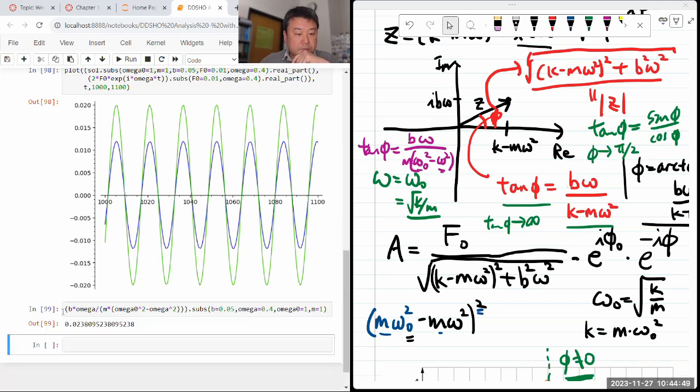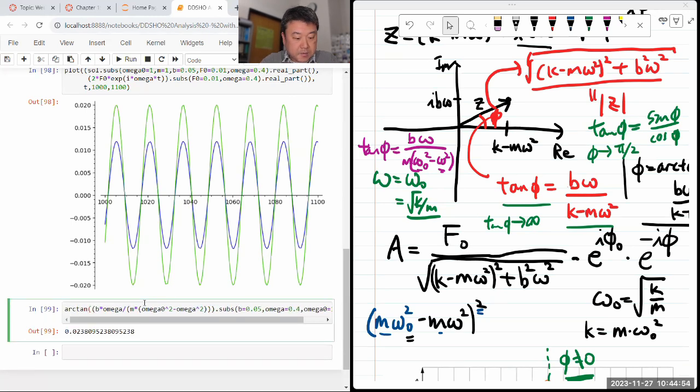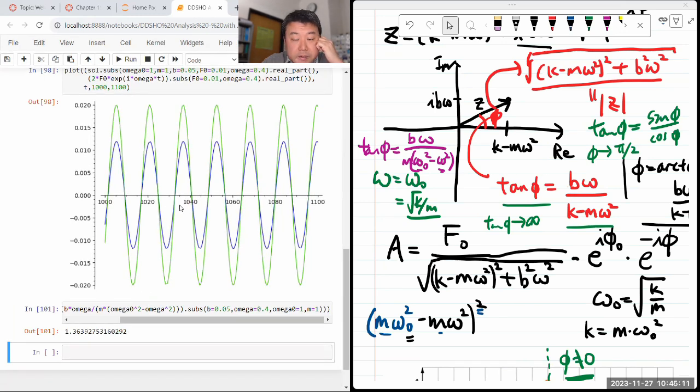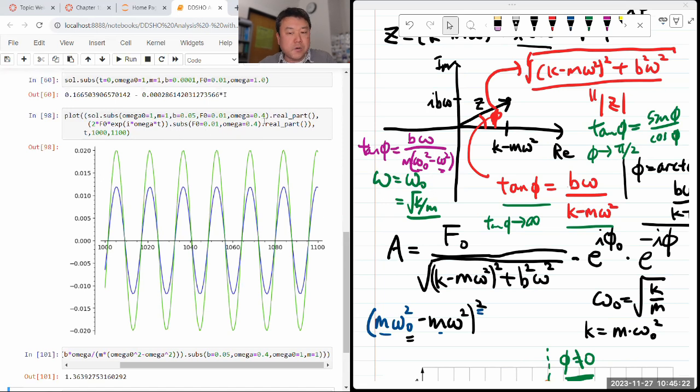So if that's a tangent phi, then arc tangent of that, multiply by 180 degrees divided by pi. Yeah, only 1.36 degrees. No wonder I can't quite see it there. So anywhere below the resonance frequency, they will be kind of in the same phase.